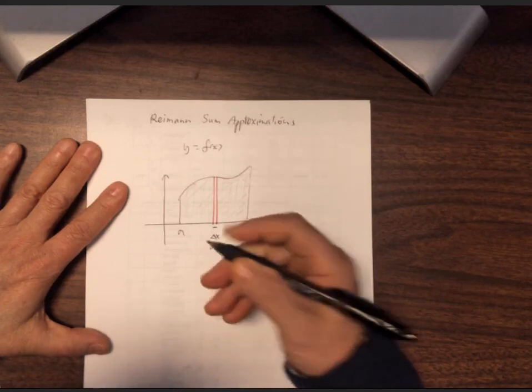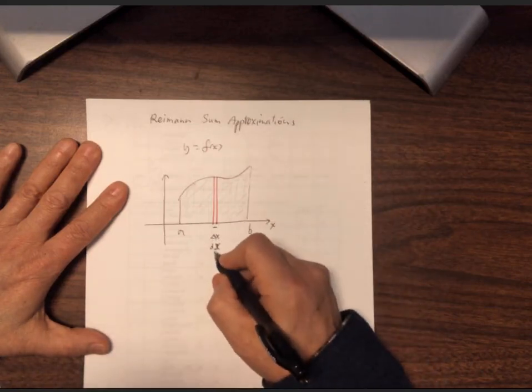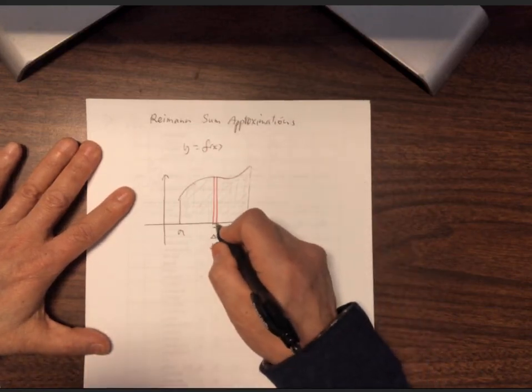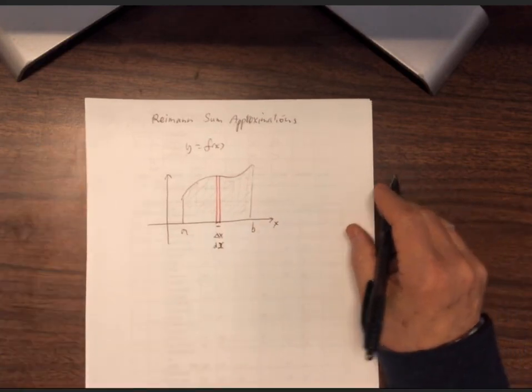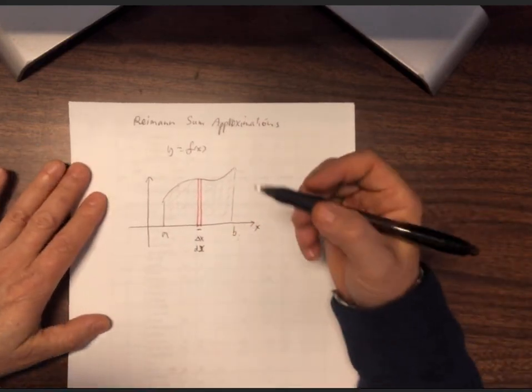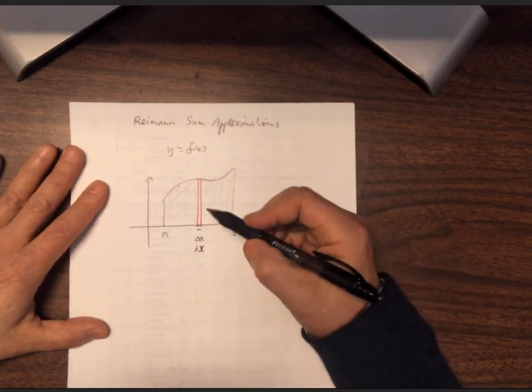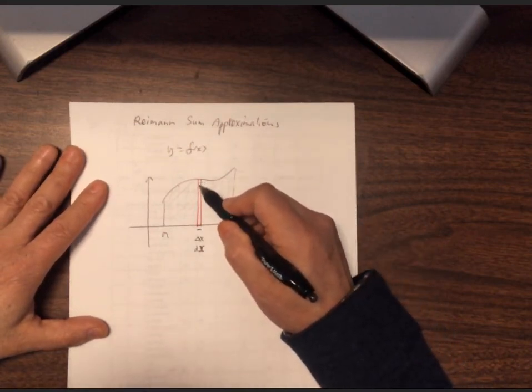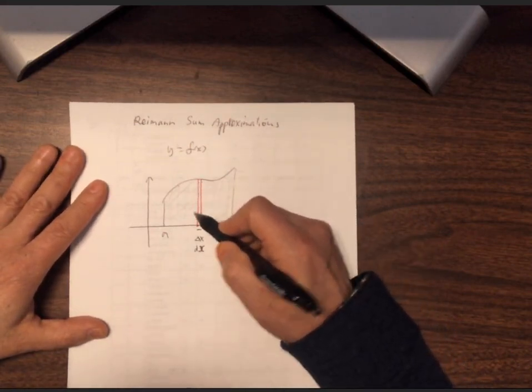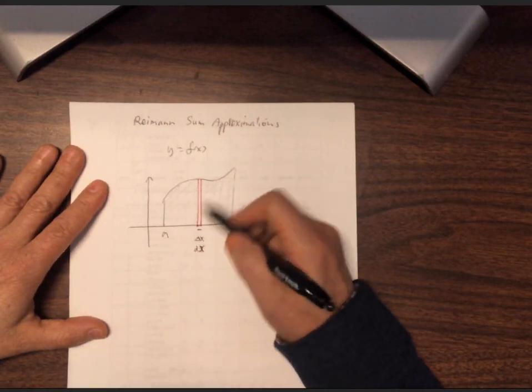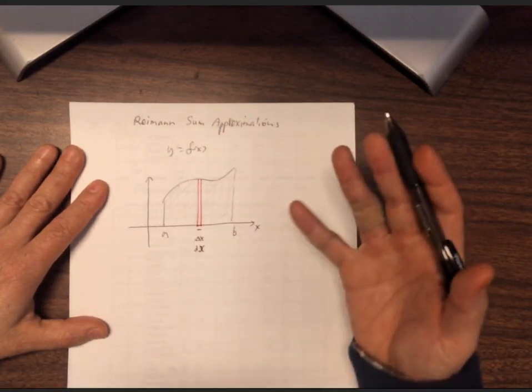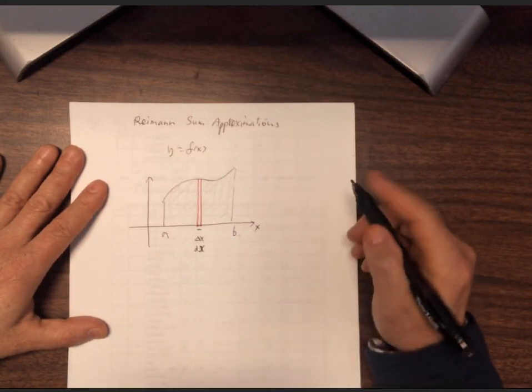Delta x, x increment, dx, x increment, the same thing. So idea is, if we can somehow figure out the area of one strip and then add areas of all the strips up, that would give us area of the whole region.